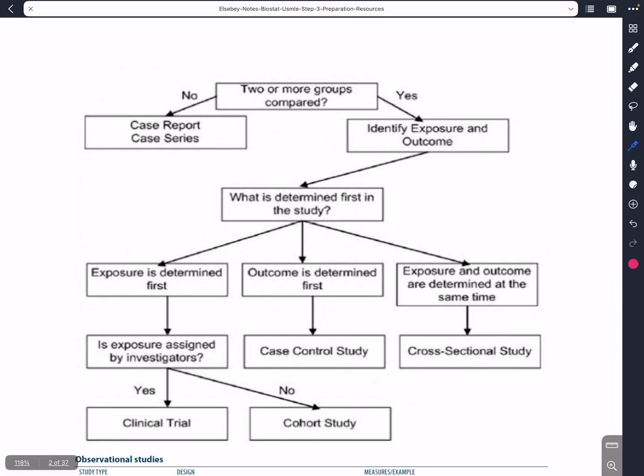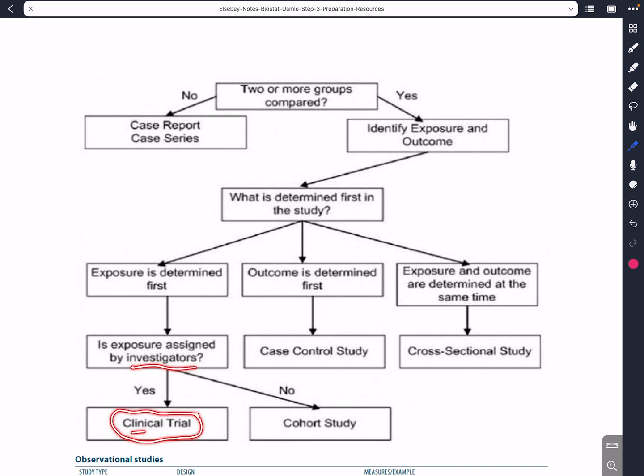Next, to put these studies in perspective of a chart, let's look at how we are going to differentiate. So if you have two or more groups and you are trying to identify exposure and outcome of the study, and the exposure is given to you first in the vignette with exposure assigned by investigators, that would be clinical trial.